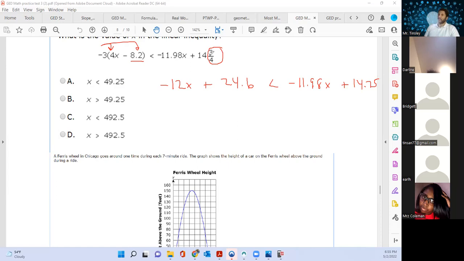Okay, so now I'm gonna do the second step. I want positive x. So it doesn't matter what I do, but I'm gonna add 11.98x. Whatever I do on one side, I do on the other. So that means if I move my variables to the left, I want everything else to the right. So I'm gonna subtract, get rid of this 24.6.